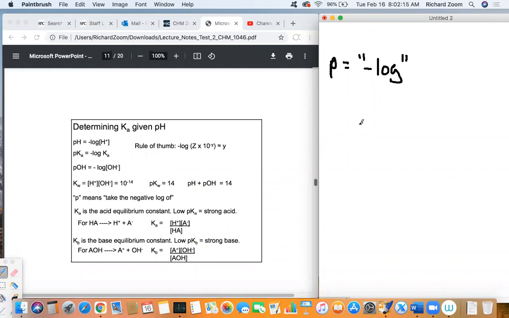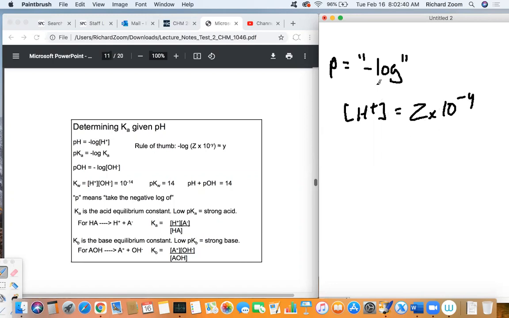So generally speaking, when we're talking about hydrogen ion concentrations, we're usually talking about something where it's Z times 10 to the negative Y, like 4 times 10 to the negative 6 or 5 times 10 to the negative 3, that kind of thing.